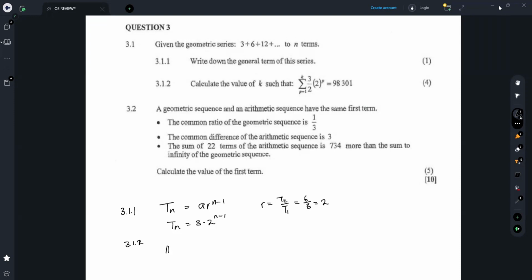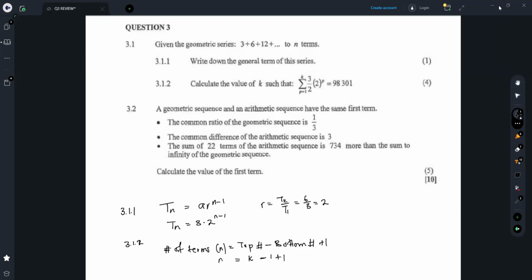So for us to get the number of terms, which is n, we'll say that we have top number minus the bottom number, and we add 1 to it. So in this case, k is our top number, and we're going to minus the bottom number, which is p, which is equal to 1. And we have a plus 1, like that.